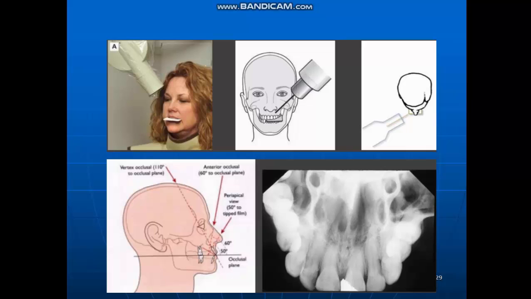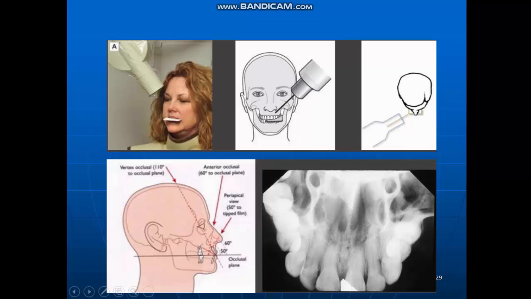In this picture you can see the taking of an occlusal view of a patient. First picture, periapical assessment of upper anteriors, detection of impacted teeth, odontogenic tumors, localized impacted teeth, evaluate the size and extent of cysts, and assessment of fractures of anterior teeth. But the second picture is the lateral oblique occlusal view, as you can see here.